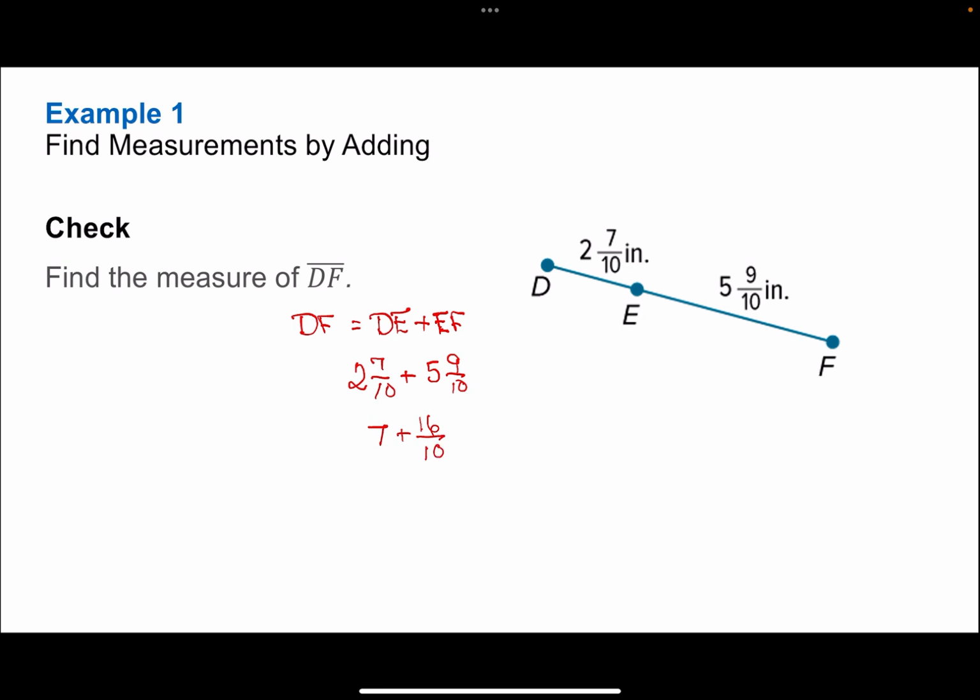But 16/10 is the same as 1 and 6/10. So we have 8 and 6/10, or 8 and 3/5, which is equivalent to 8 and 6/10 as a decimal. So it's your choice. I don't care if you give me an answer in fraction form or in decimal form. They're the same thing.